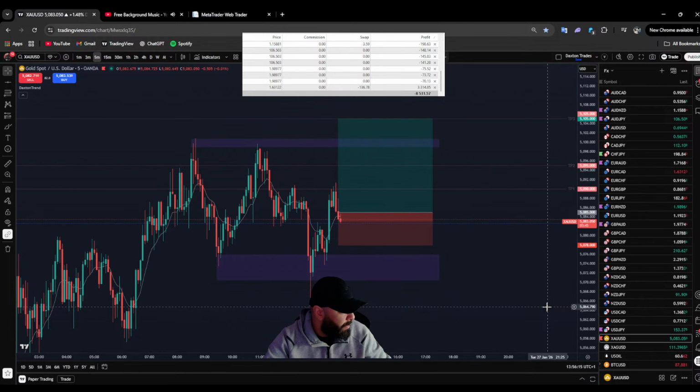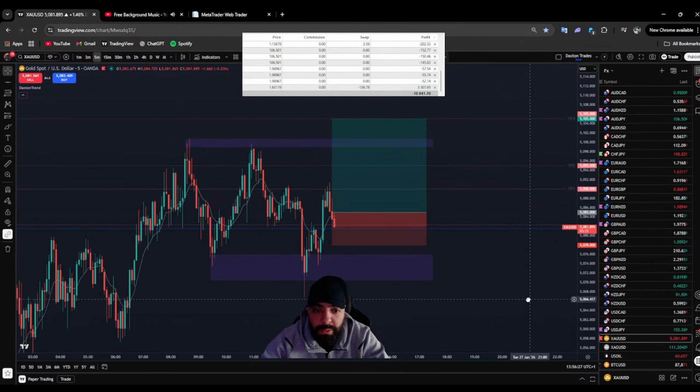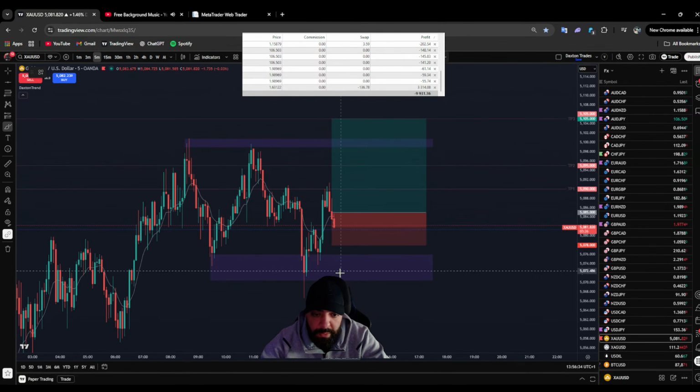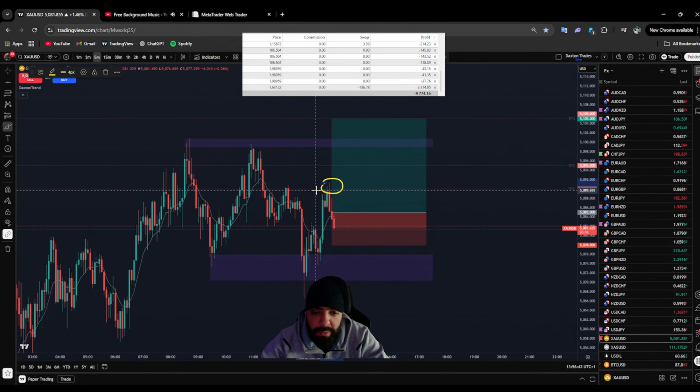See if everything looks good. Yes. Should move it a bit right here. And if I get stopped out, I will be looking at these levels. But also the sell right here was great, but no problem.